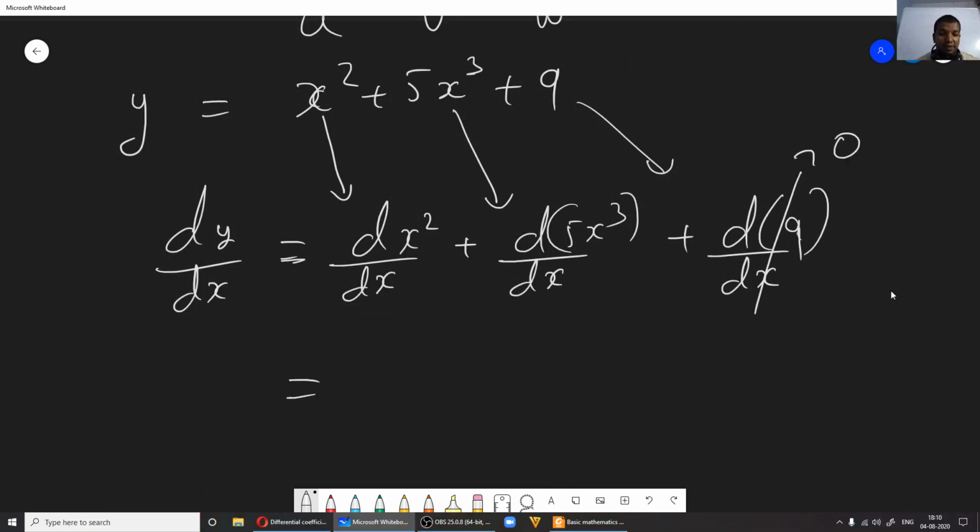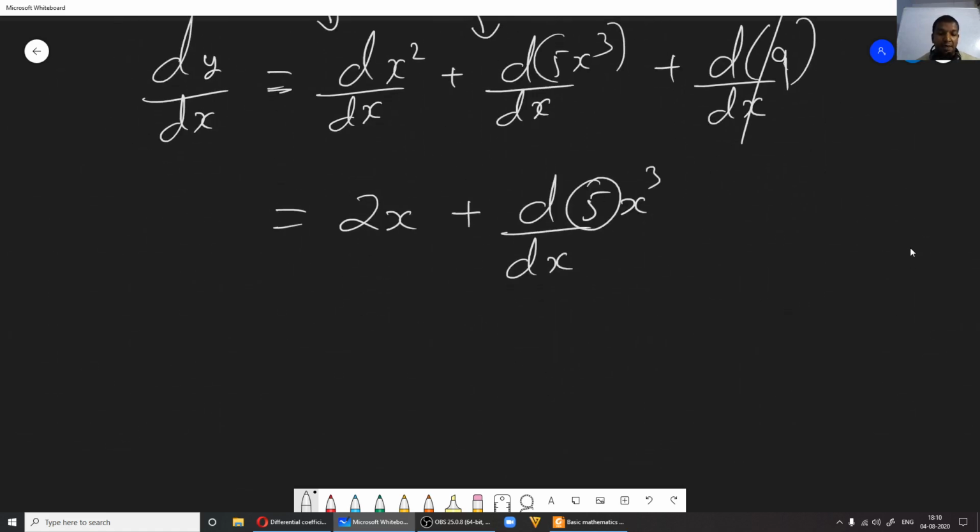Now d by dx of 9, the differentiation of a constant value, is 0. Differentiation of x square, from now onwards you can remember it as 2x, since 2x power 2 minus 1 gives 2x. Plus now the differentiation of 5x cube. Treat 5 as a constant, and you have to keep that constant aside.